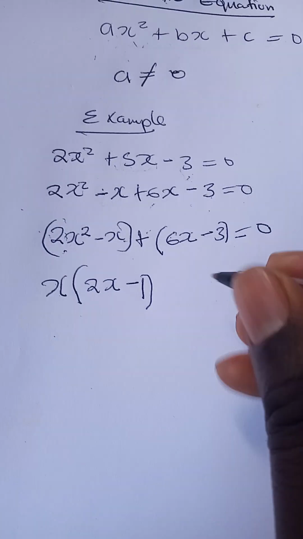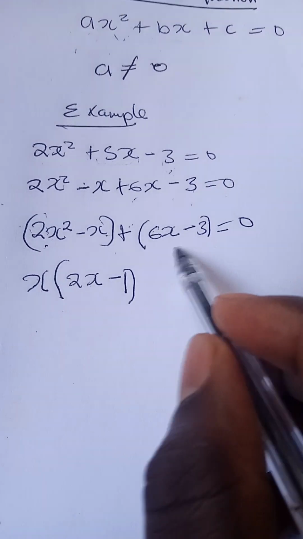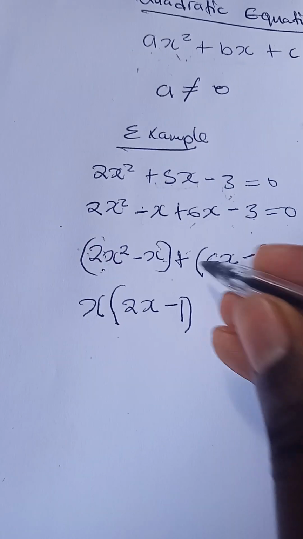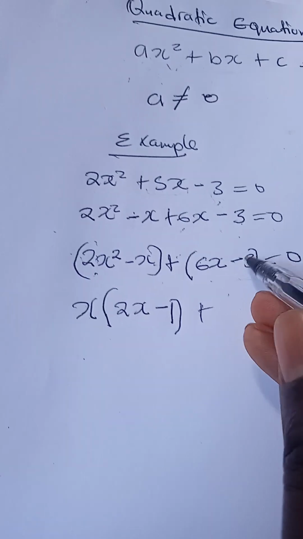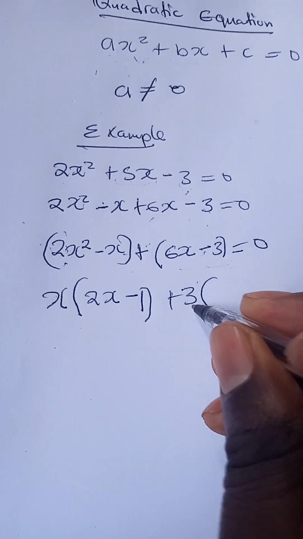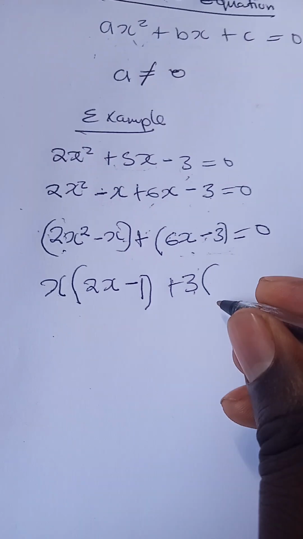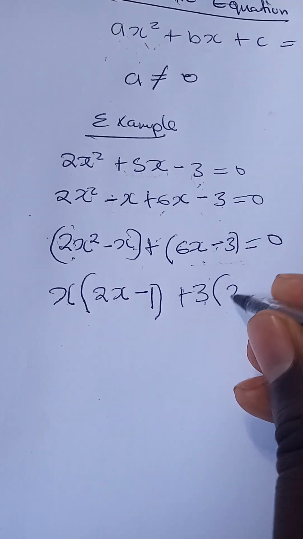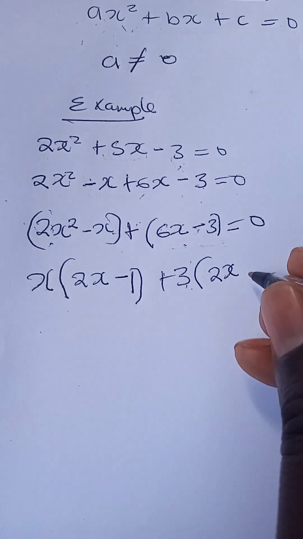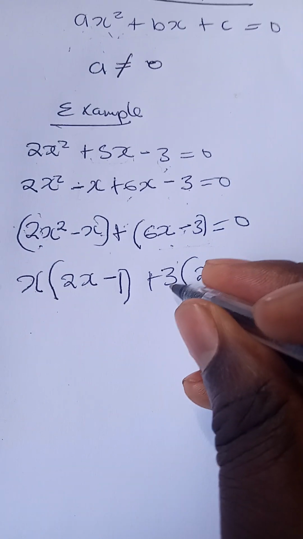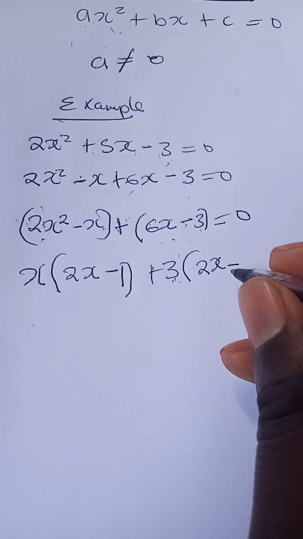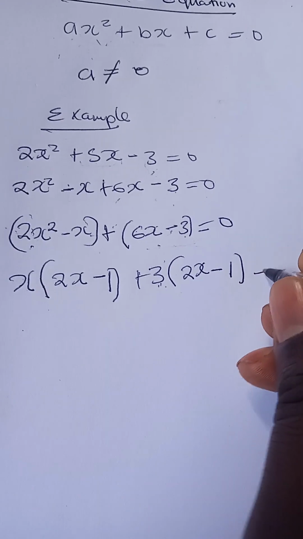Next, what's common in here? Take this plus 3. What's common here is 3. Open bracket. 3 into 6x, we have 2x. 3 into 3 is 1. Negative 1 there, because this is positive 3 into negative 3, it's negative 1. Close brackets.